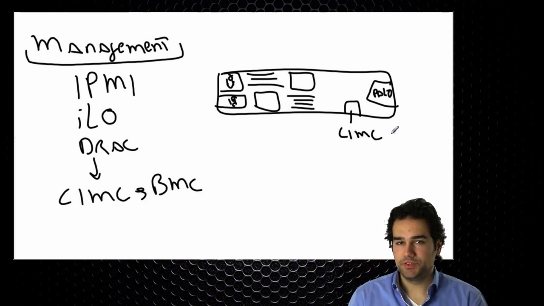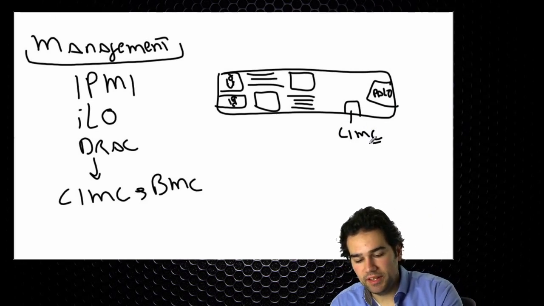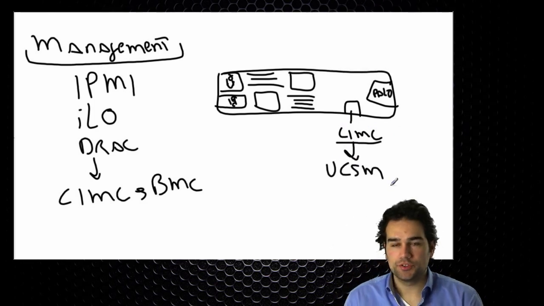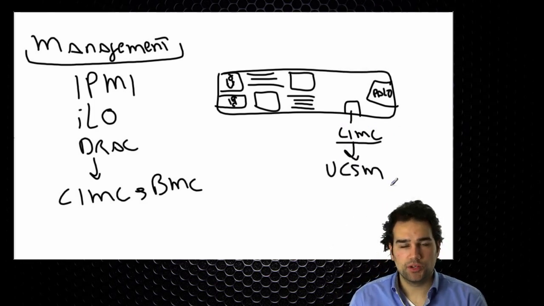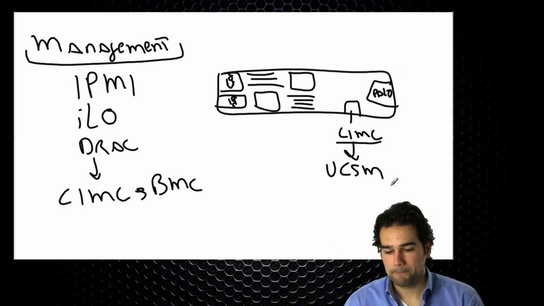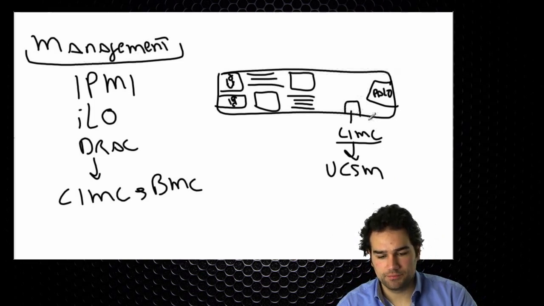Now on the C-Series servers, this is a web GUI. That's not the case in the blades. The CIMC in the blades can only be managed through UCS Manager. So there's no direct HTTP website for that CIMC. The CIMC is always managed through the UCS Manager. So I cannot log into the blade directly. Always go through the UCS Manager.